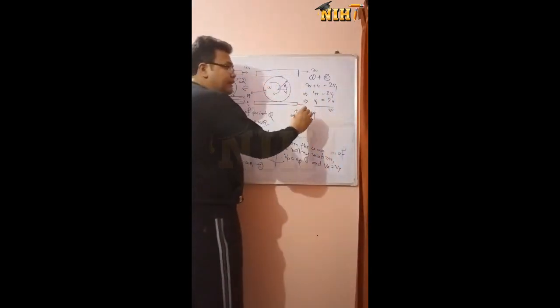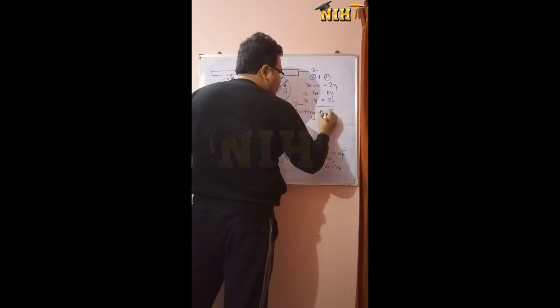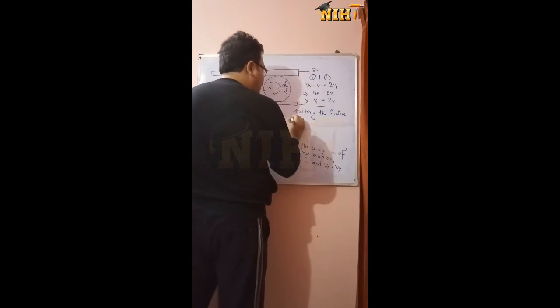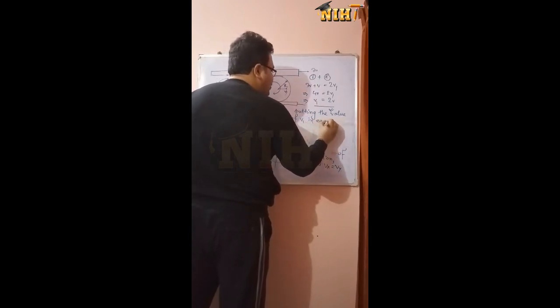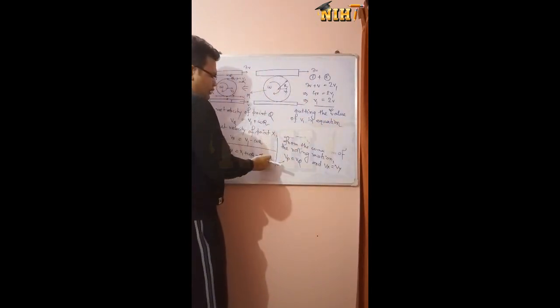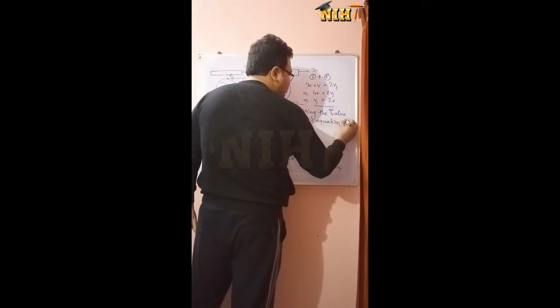Already we have found the value of V1. So putting the value of V1 in an equation, you can put it either in 1 or in 2. So I am putting the value in equation 1.